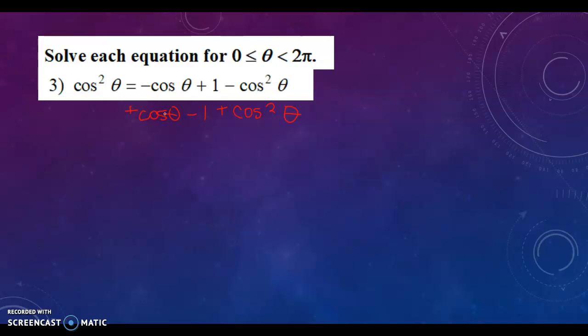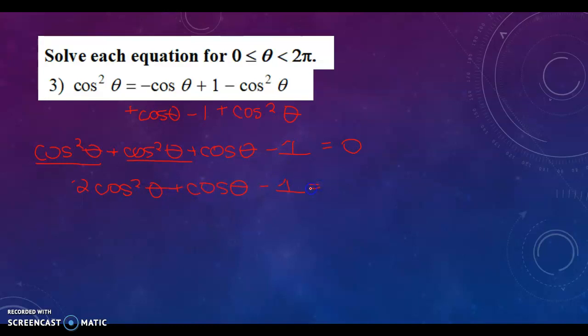Okay, when I do that, I end up with cosine squared theta plus another cosine squared theta plus cosine theta minus 1, and all of this is going to equal 0.